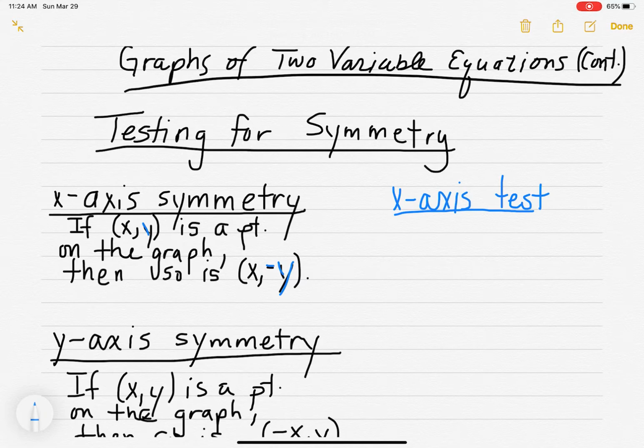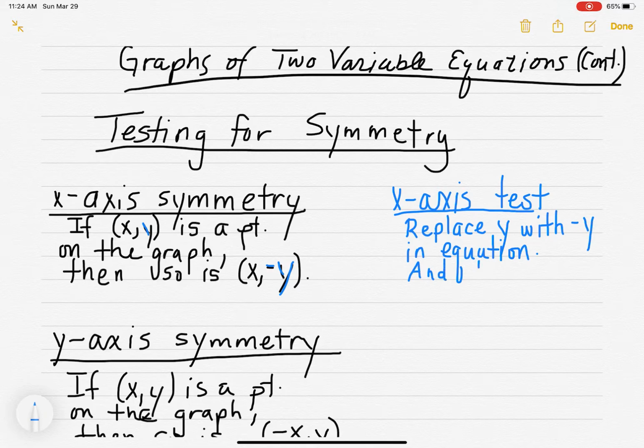So what we're going to write for this test: replace y with negative y in the equation, and determine if the new equation is the same as the original.